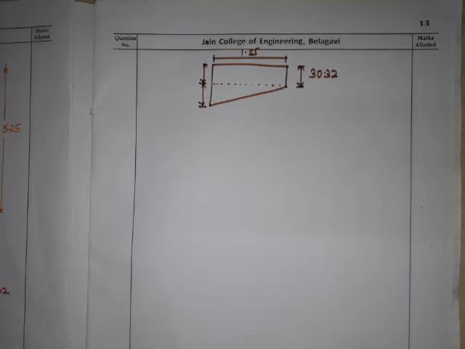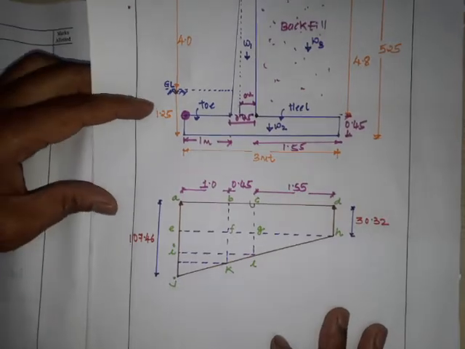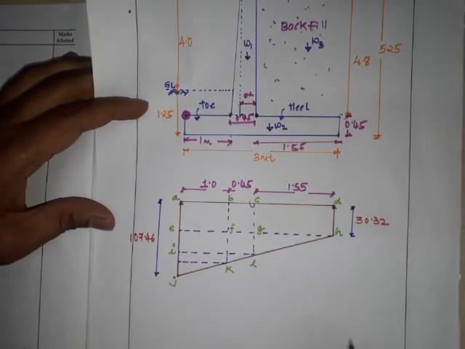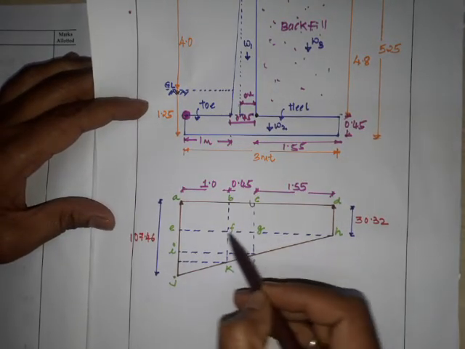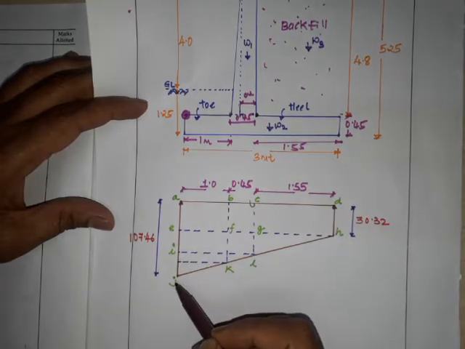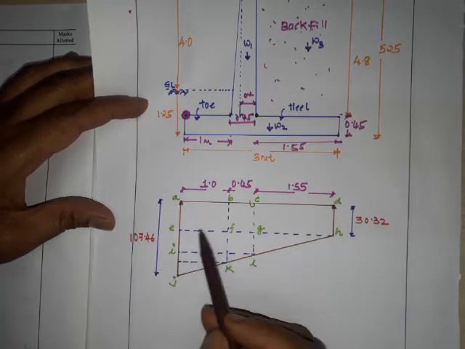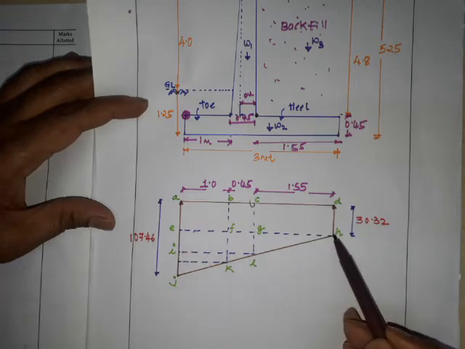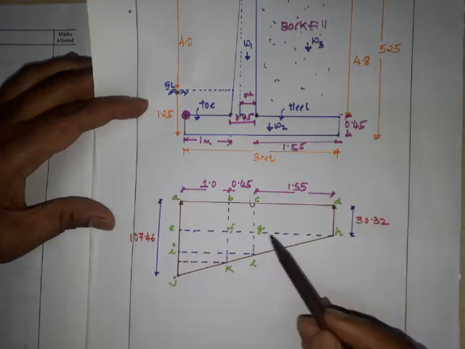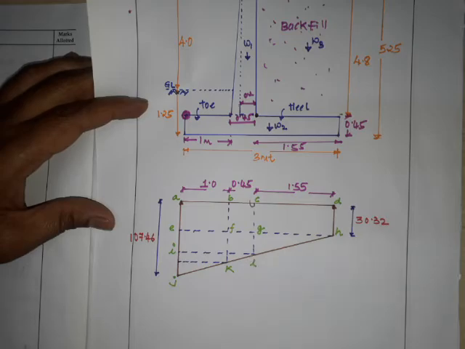So for that I'll consider a symmetrical triangle: this base width divided by this distance, and this base width divided by this distance.